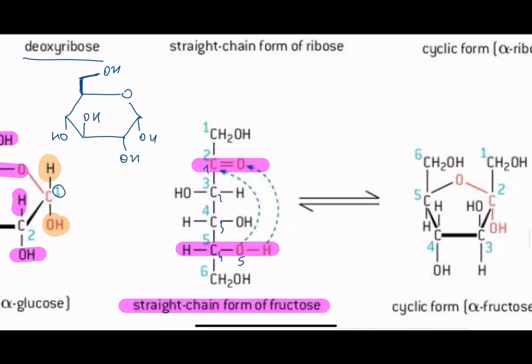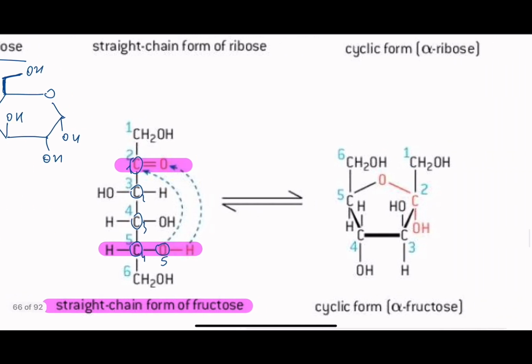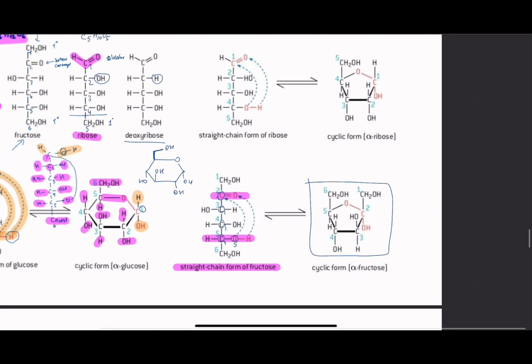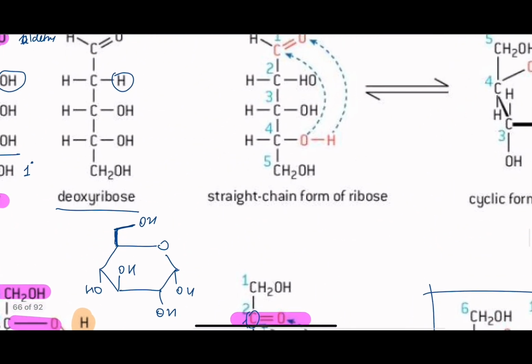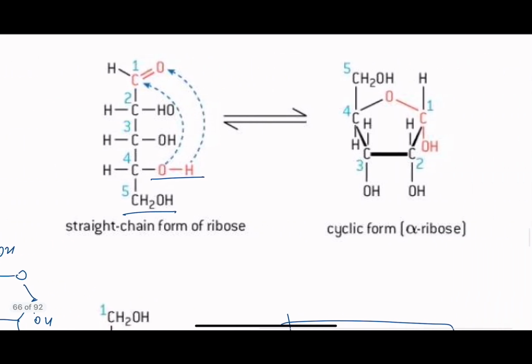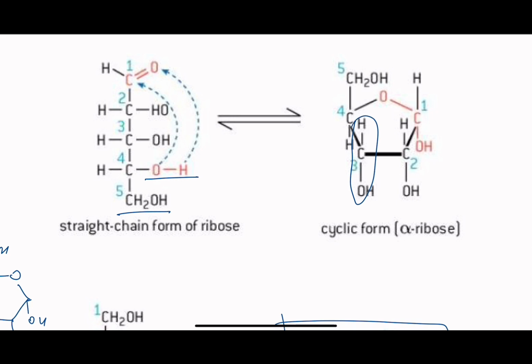It starts with this carbon, and then this carbon, 3rd, 4th, and 5th. Now you make the same way, and you would end up with this way of looking at fructose. Now the ribose is shown in here too. It's just the same thing with glucose, but just one less of this, okay? And you would get the exact same thing.